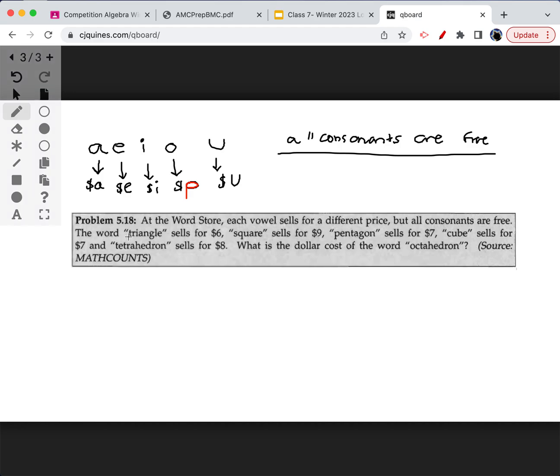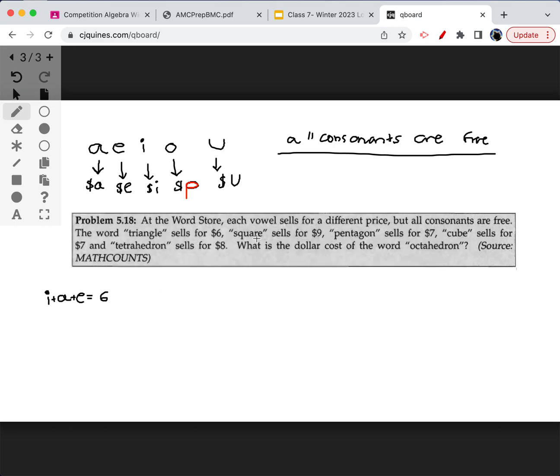So we know that triangle sells for $6. So since the consonants are free, we can just ignore them. So the vowels in triangle are I, A, and E. So I plus A plus E costs $6.